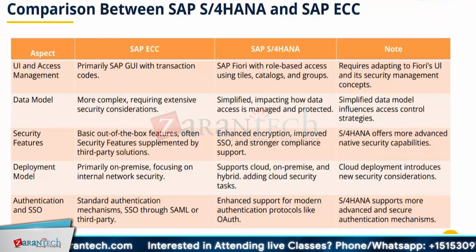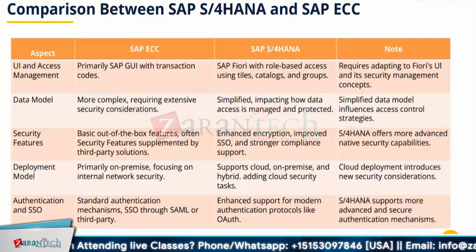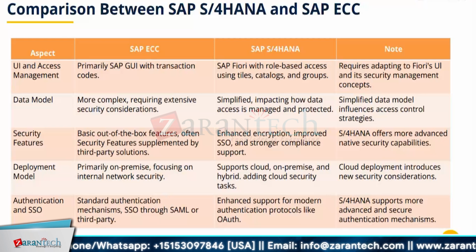But with SAP S/4HANA, businesses have multiple options, whether they want to go for on-premise or for complete cloud. In cloud also, they have two options available, private cloud and public cloud. Or whether they want to keep a few things on-premise, move a few things to the cloud, or get new things from the cloud. All of it can be customized, and it is entirely flexible. All of it is supported by SAP S/4HANA.